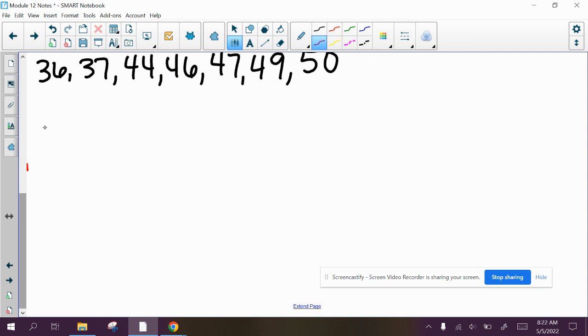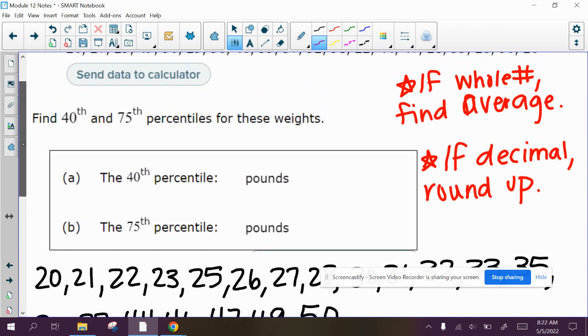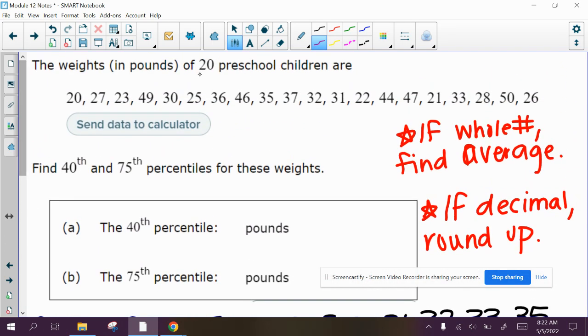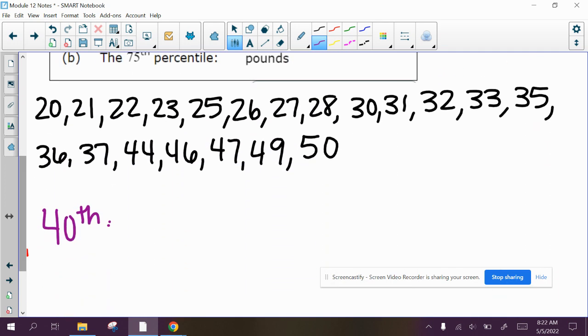So we have the 40th percentile. To do that, we are going to take n, which is going to be 20 in this case, and you're going to take that times your percentile divided by 100. And that's just to get it as a decimal. So n is 20.